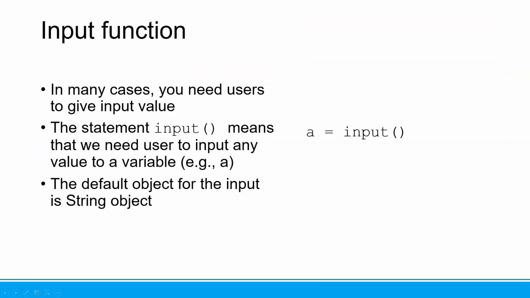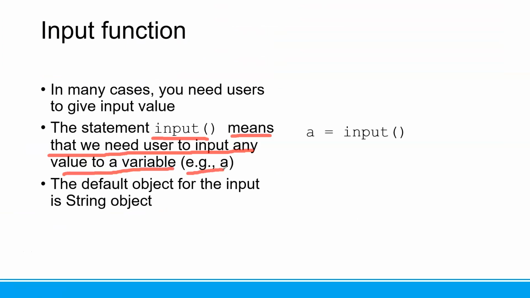You already know about the variables. And now we want to learn about the input function. In many cases, you need users to give input values. The statement input means that we need user to input any value to a variable.